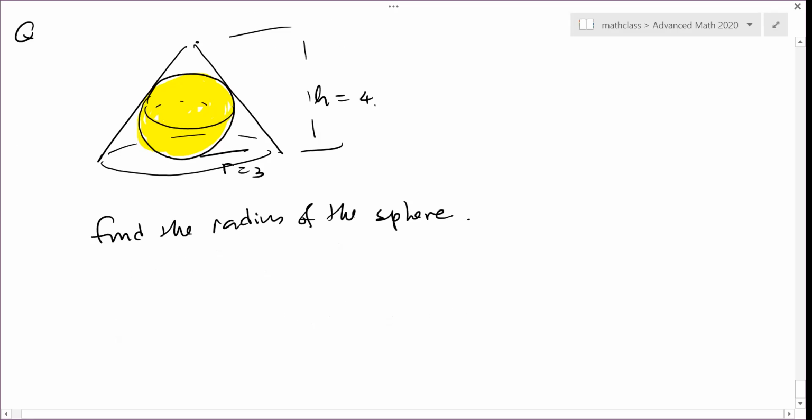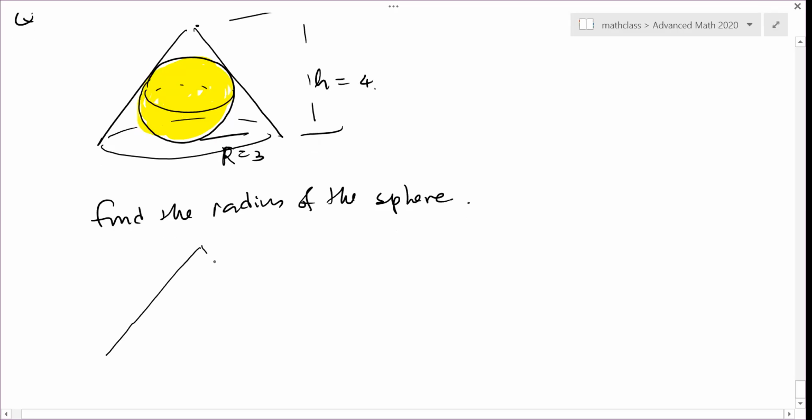Anyone have answers? You have to draw the picture, right? Figure out the radius. Let's use a capital R for the radius of the base circle. My hint is I cut the cone into equal parts. I get the cross section is a triangle. So then the ball becomes a sphere, a circle inscribed here.